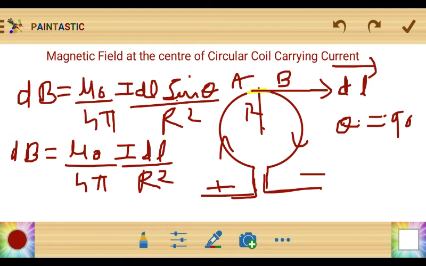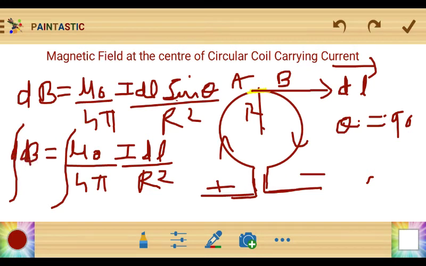Okay, once this is over, our next step is to find the magnetic field due to the whole circular coil, and to get the answer we simply integrate. So how to do it? Just put an integration sign, magnetic field due to the complete coil.